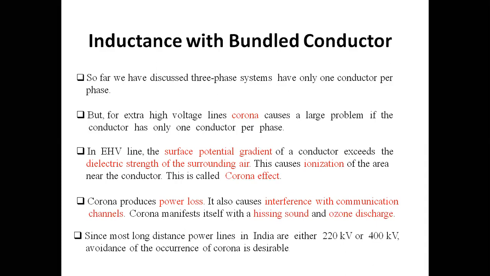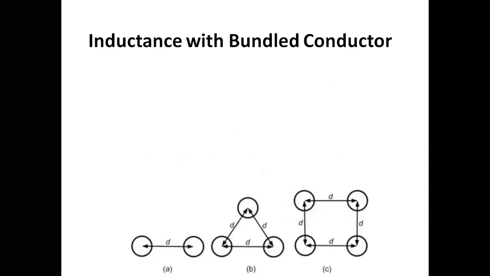To reduce or avoid this corona effect, what do we do? We go for the bundled conductor. By using bundle conductor, we can reduce the corona effect as well as the corona loss and other problems.